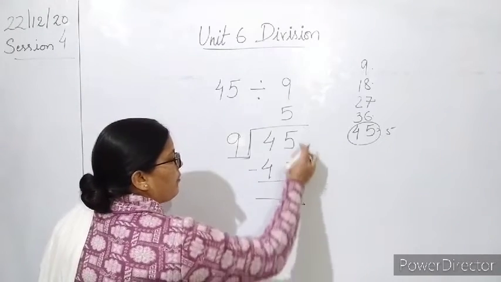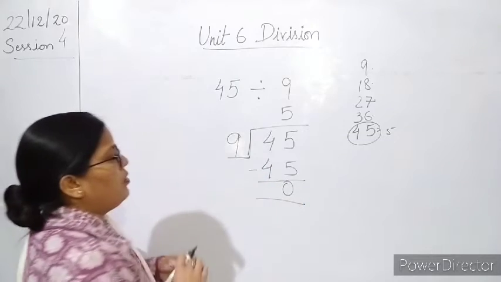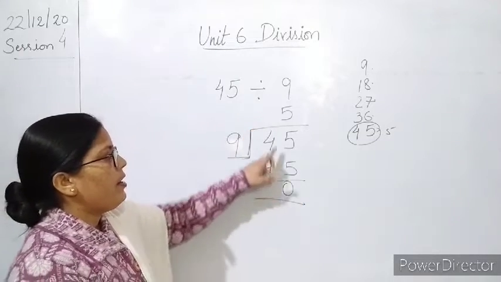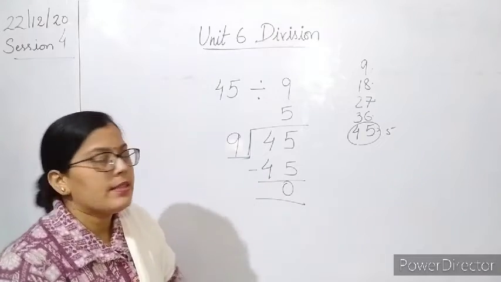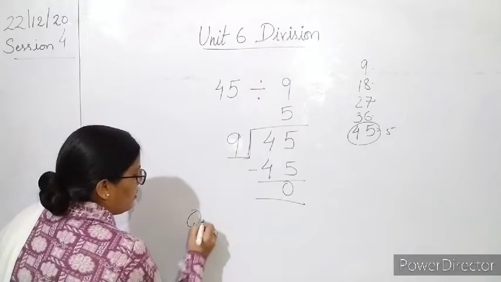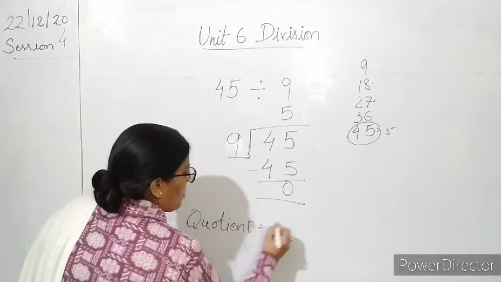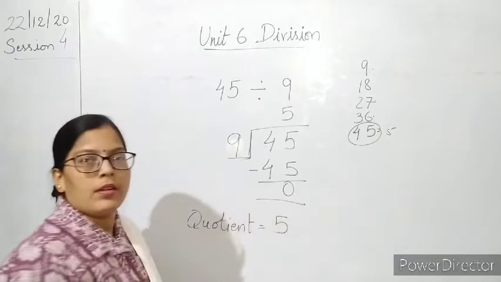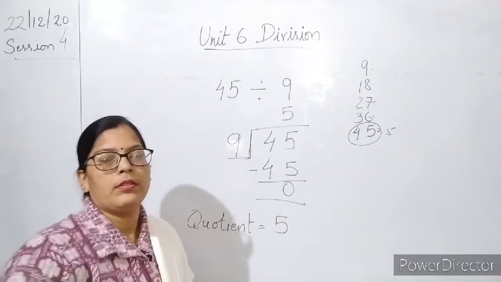And then subtract: 5 minus 5 is 0, 4 minus 4 is 0. So 9 fives are 45, and 45 minus 45 is 0. So our answer is 5. What is 5? It is the quotient. Quotient is 5. Now let us try one more example.